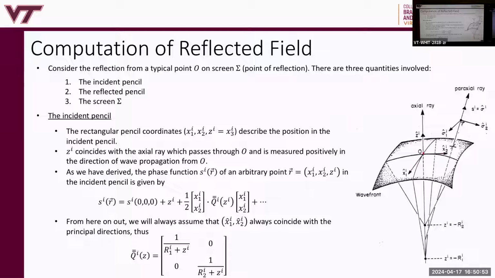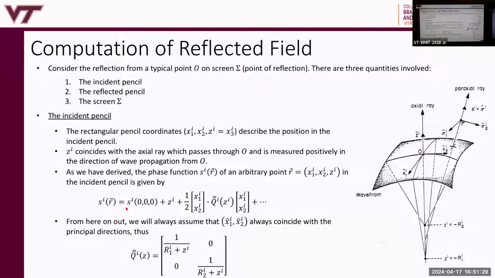So with respect to that coordinate system, we have a position vector R. That position vector R is here. We can find the phase function at different points in the pencil using that coordinate system, which is the phase for some reference point, so at the origin, is that phase 0 or not, right? Where's the phase reference? It could be further back, right? Plus the distance traveled since that phase reference point. That brings you to the phase at the axial ray at point O, right? Plus, or no, sorry.